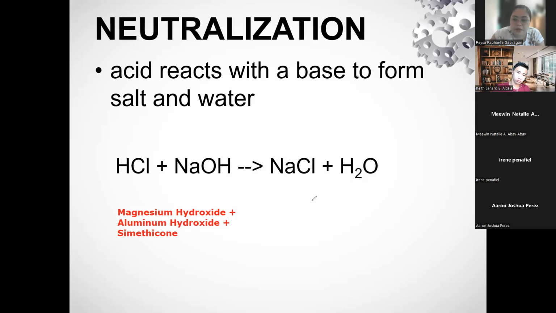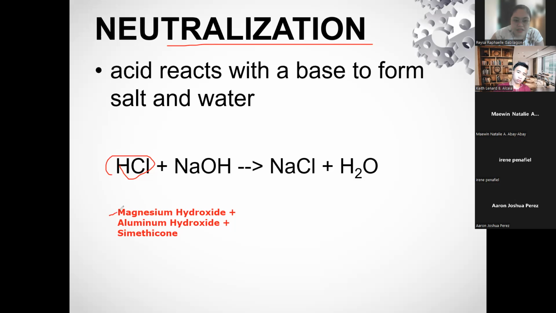So remember, in our stomach, we have this one, class. This is the acid found in our stomach, the hydrochloric acid. This is found in our gastric juice. If we have a lot of this, then we can experience hyperacidity. Now, how do we treat hyperacidity? Through neutralization reaction. So we will be giving basic substances.